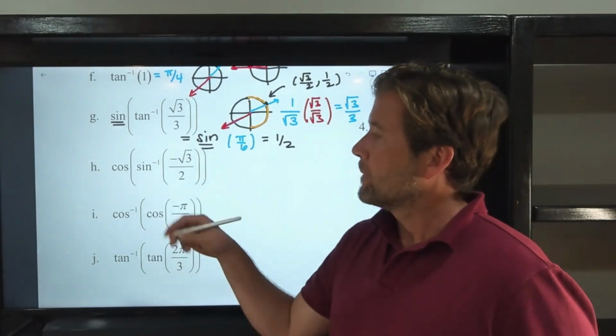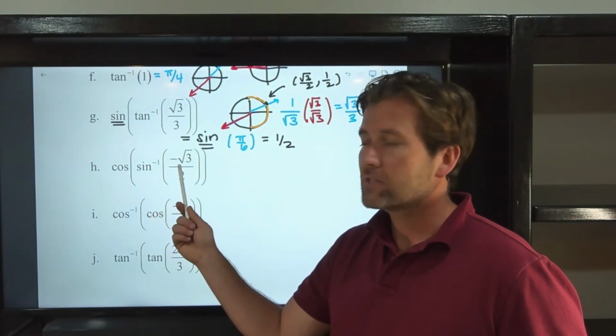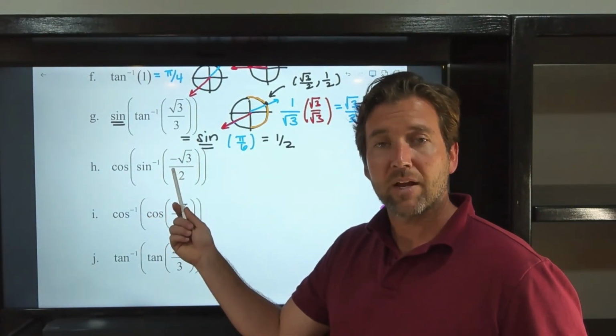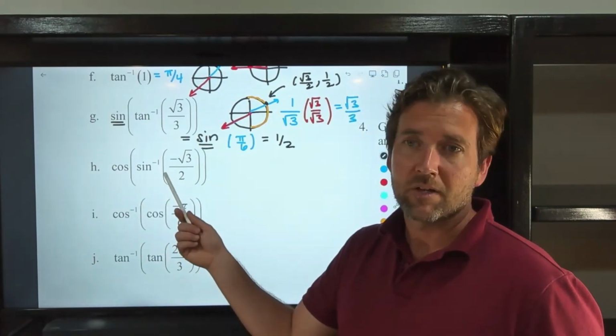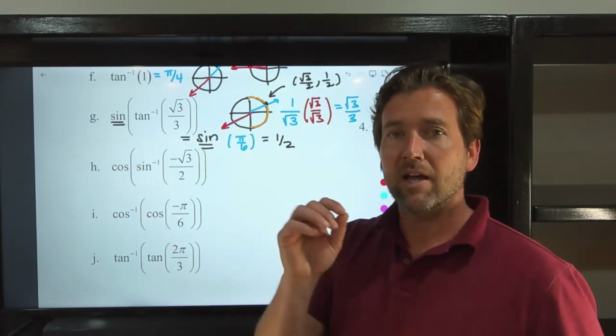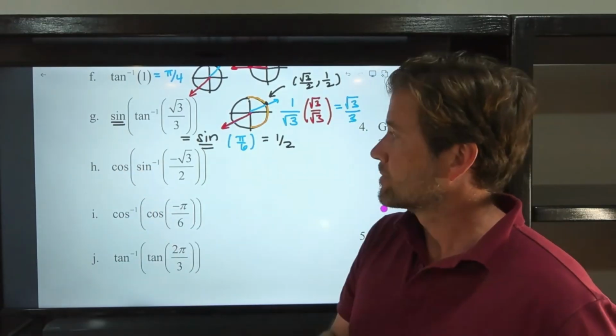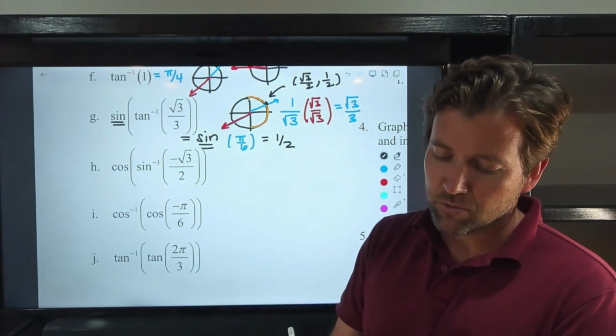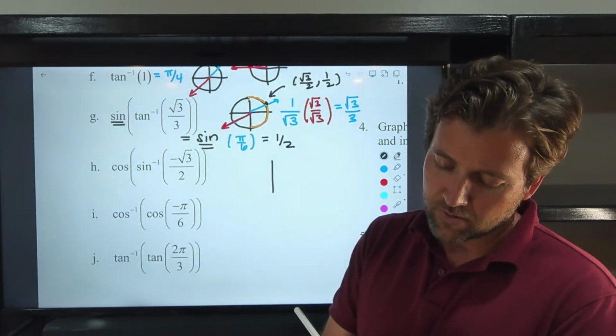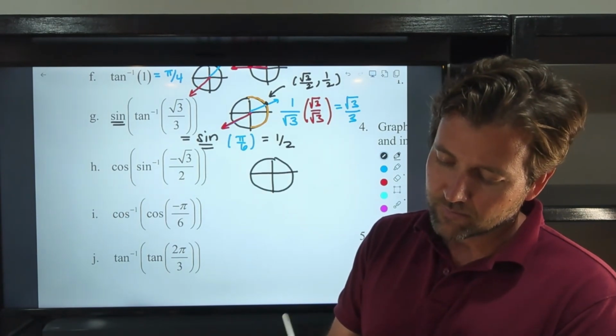Similarly, part H, arc sine of this value will output an angle. And then you take the cosine of that angle, and the cosine of the angle will represent an x-coordinate on the unit circle. So let's try to figure out where this angle, arc sine of negative square root of 3 over 2, is. So here's my unit circle.